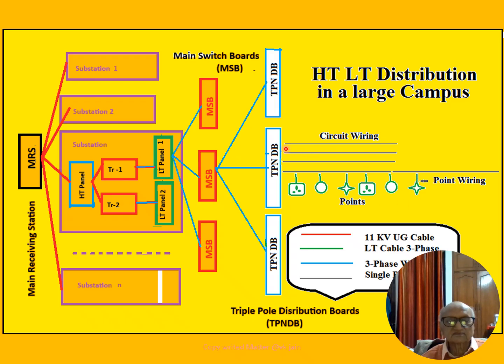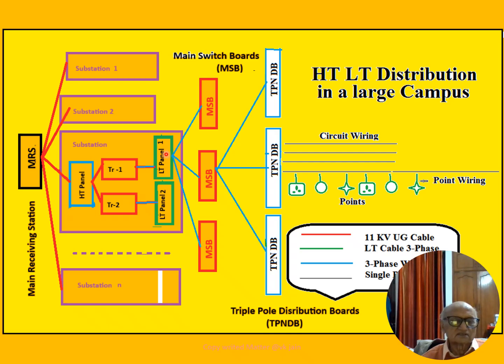circuit wiring, then TP and DVs, main switchboards, TP and DVs connected to main switchboard. Main switchboards are connected to the LT panel, that is normally known as MV panel as per Indian rules.